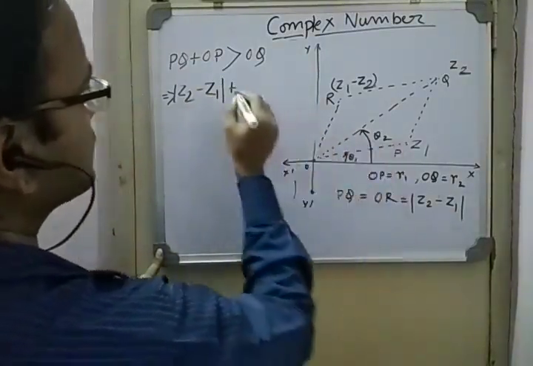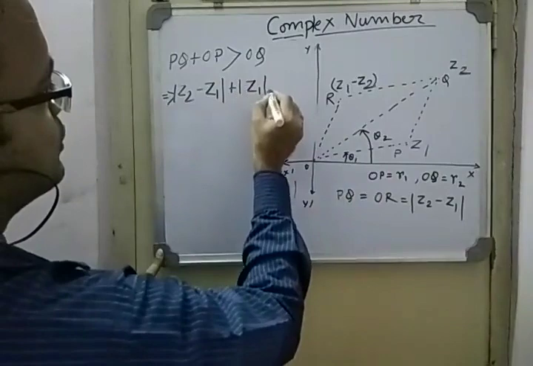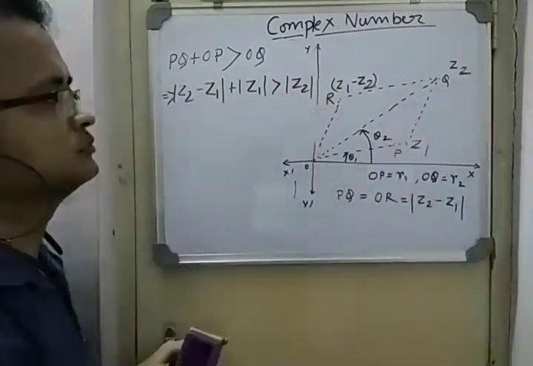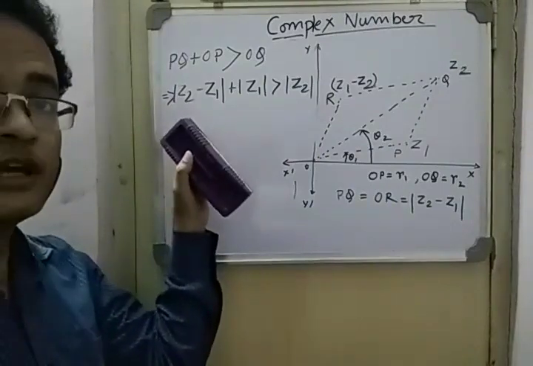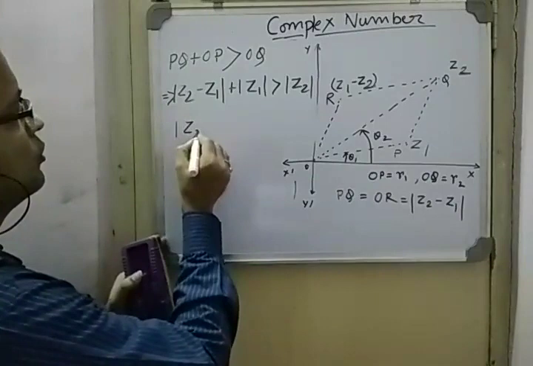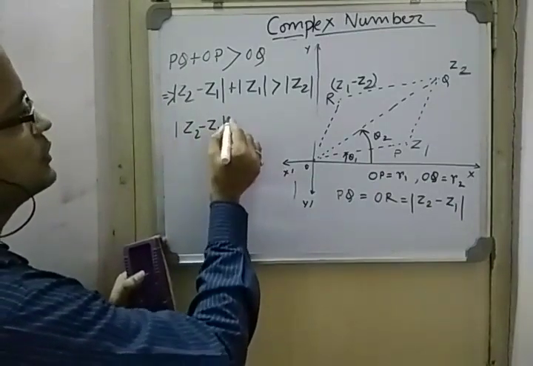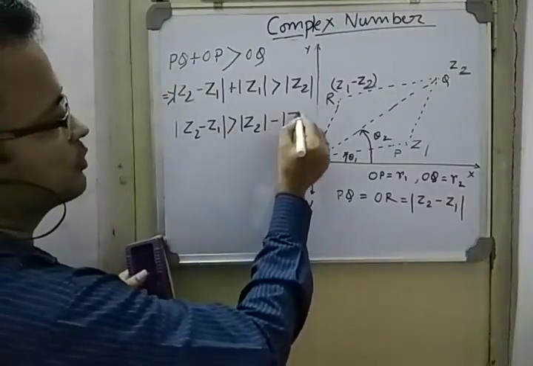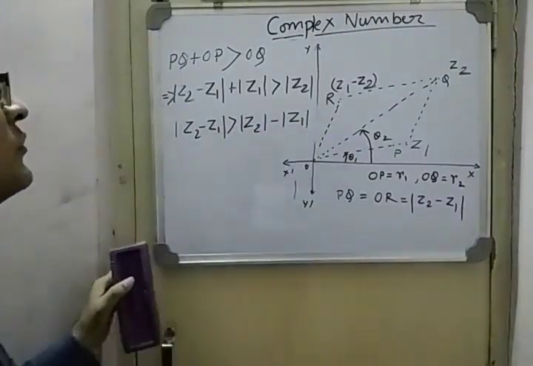OP is Z1, greater than mod of Z2, that is OQ. Okay. So see, here we are getting a relation where mod of Z2 minus Z1 is greater than mod of Z2 minus mod of Z1.